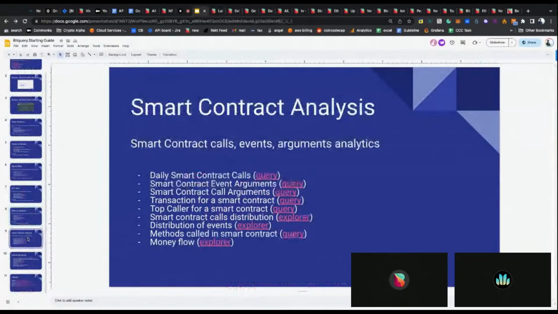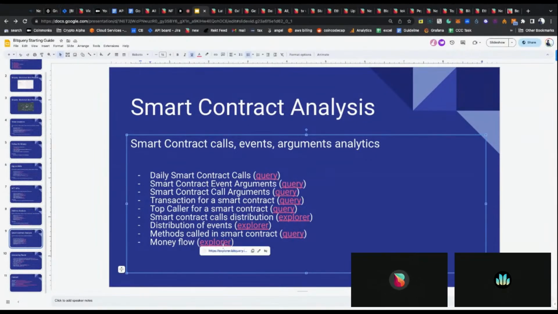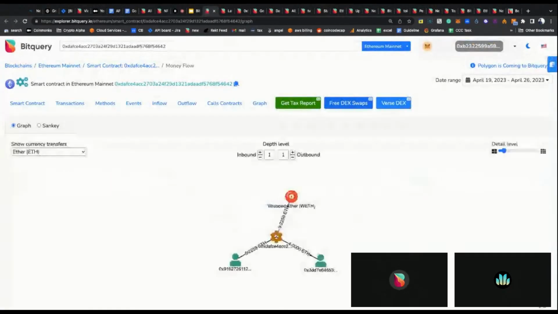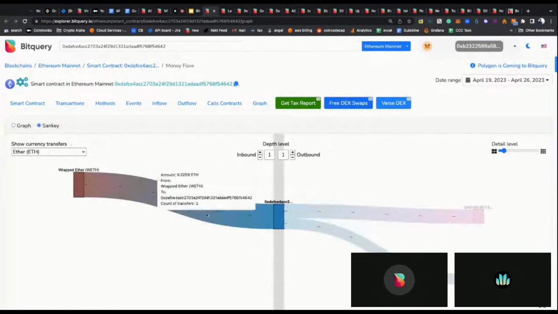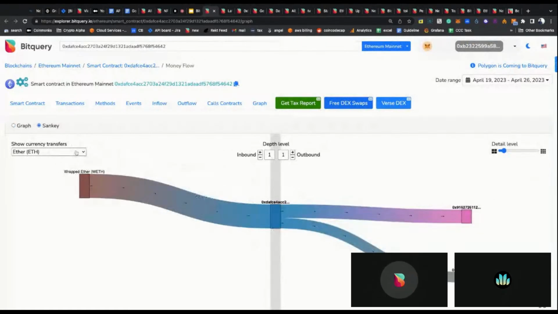Cool. Last, I'll go with the smart contract related arguments. For example, I'll show you a smart contract related money flow. This is some smart contract, and you can also see money flow related to it.